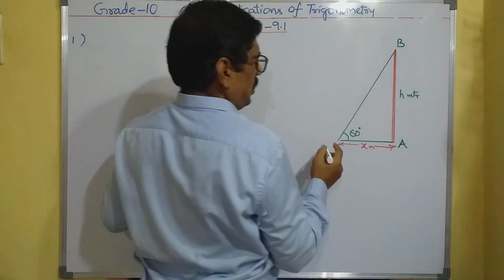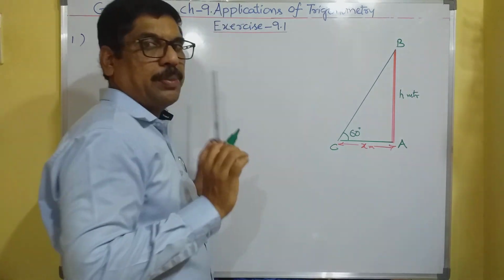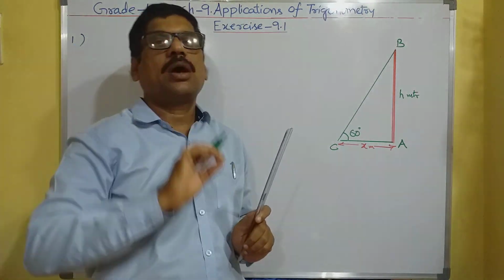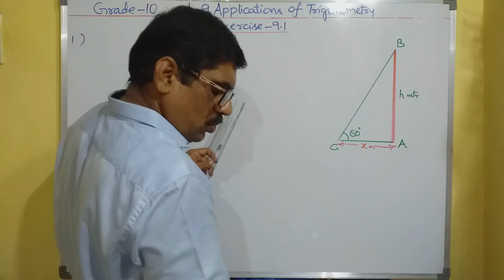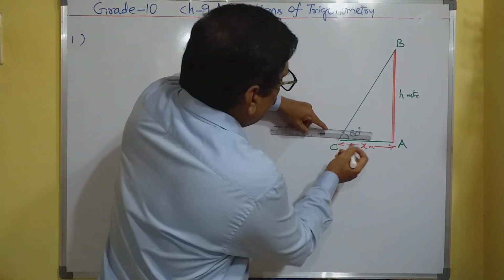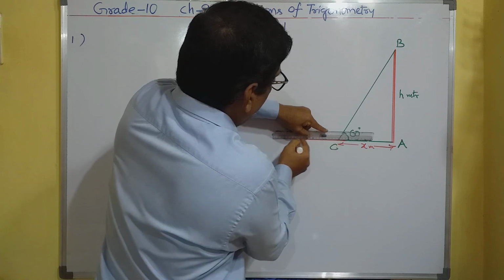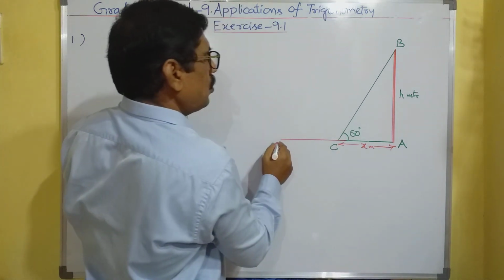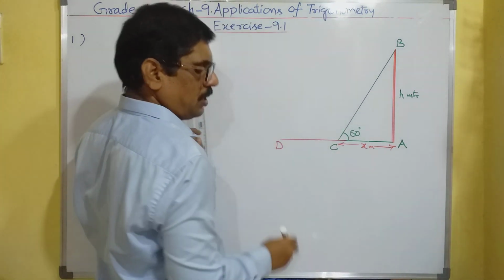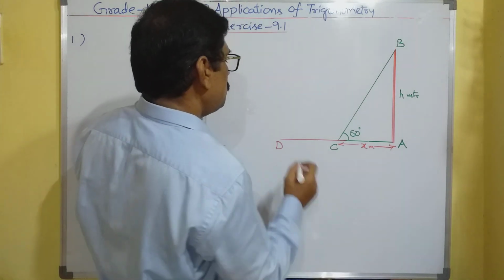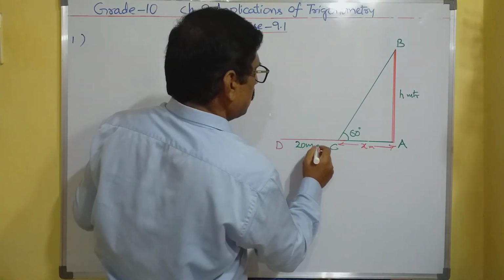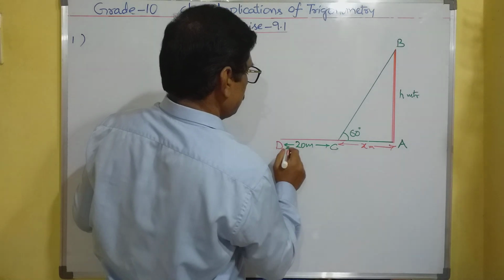is the tower and C is the point where the observer is standing and looking at the top of the tower. Now he moved away from the tower for 20 meters again on the same line. He moved back like this. So he came to the point D, which is 20 meters. This distance is 20 meters.